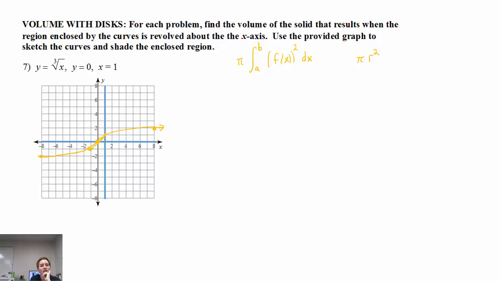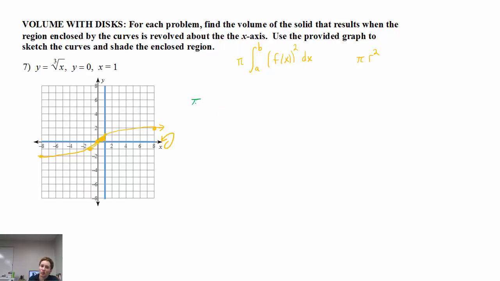And so that gives us this little bitty little cute little region of revolution right here. And so what we're doing, and it says in the instructions, is we're rotating this around the x-axis. And so we're creating a three-dimensional shape. So our answer is not going to necessarily make sense as far as what the area of this would be, but it should be a possible volume of what this is if we think about it three-dimensionally.